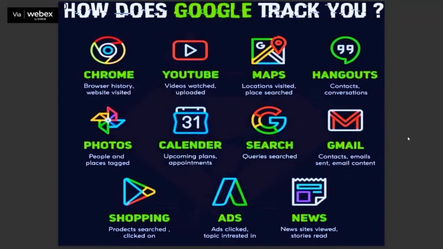And whatever shopping applications we use, whatever product we search on that application, or sometimes wishlist in those shopping applications, this also goes to Google. That is why Google shows that particular product which we have wishlisted on different websites.